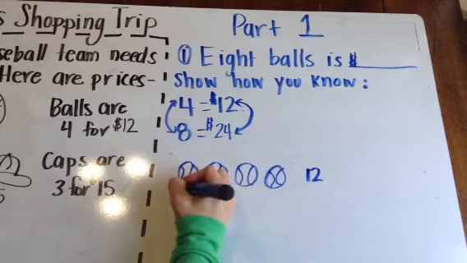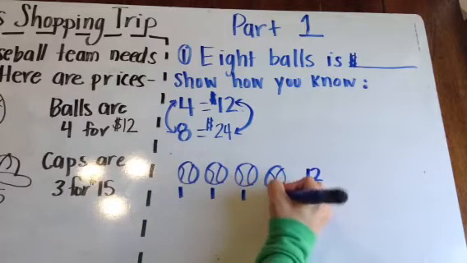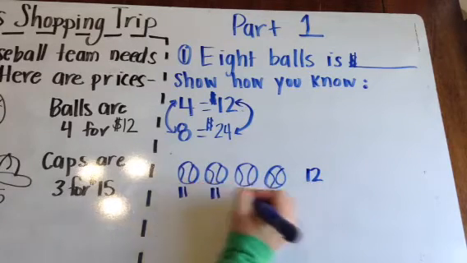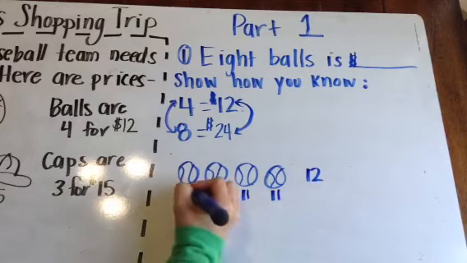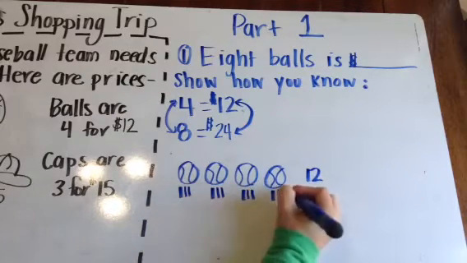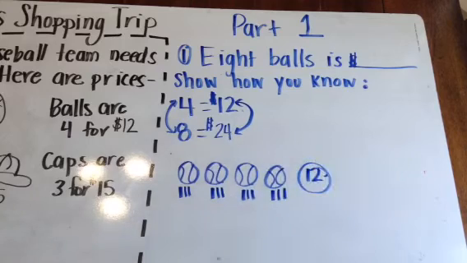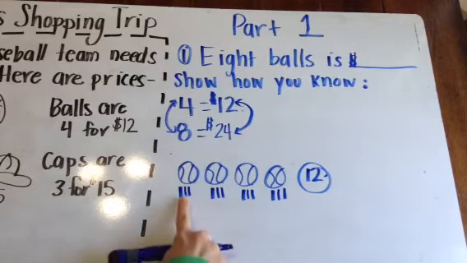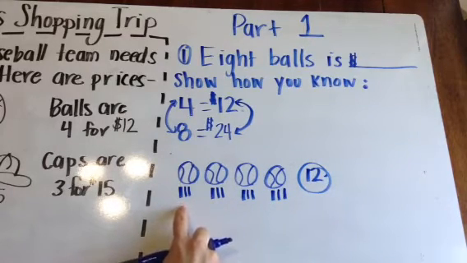I could say 1, 2, 3, 4, 5, 6, 7, 8, 9, 10, 11, 12. And that worked out perfectly. So now I know how much each baseball cost.